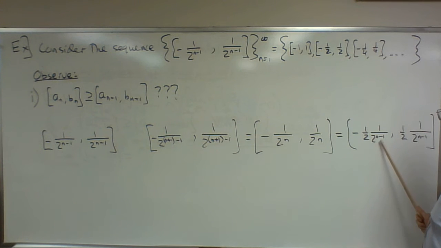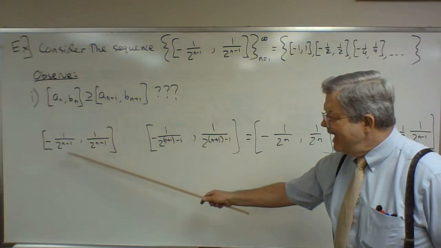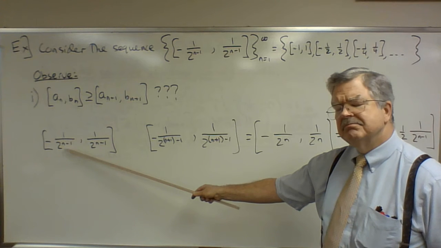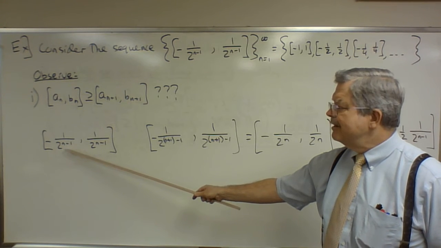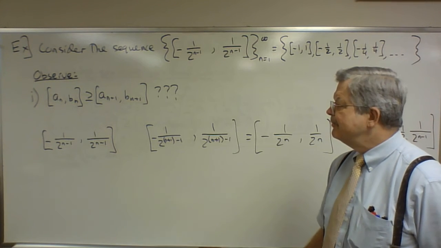So the magnitude of the left endpoint of the n plus first interval is 1/2 the magnitude of the endpoint of the nth interval.